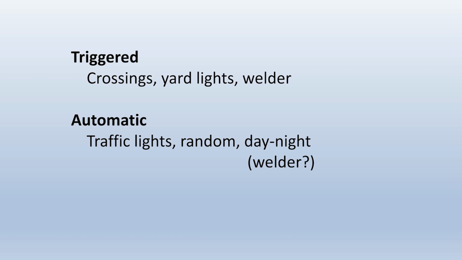And I find the welder again, because you may have the welder triggered, or you may just have it cycle on its own. There's somebody repairing at the track side, and periodically it just comes on and flashes. We don't have to throw a switch, in other words, to bring on lights unless we want to.